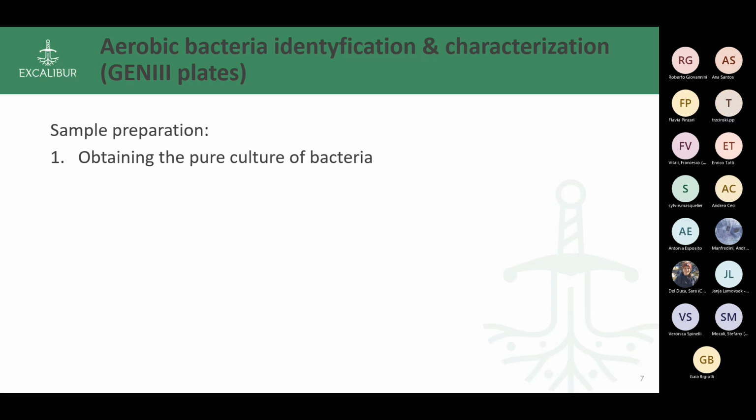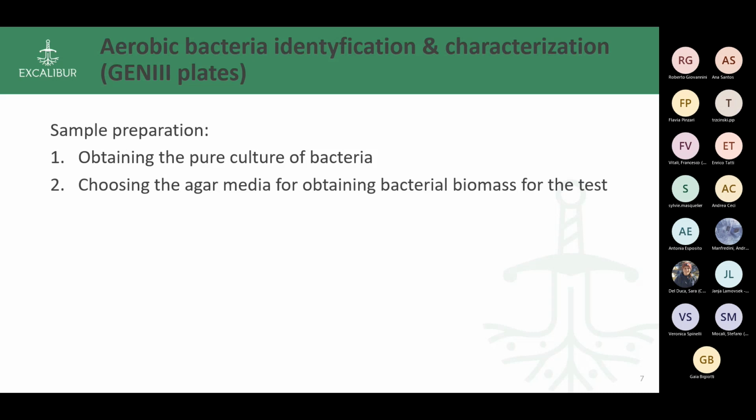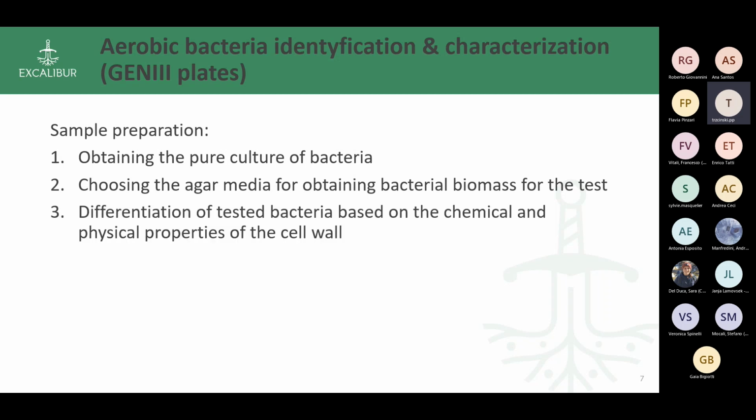This is a silly thing, but it is very, very important, because sometimes we will obtain some strange results because we use a mixed inoculum. Then we have to choose the proper agar media to obtain biomass for the test. This is the next very important thing, and I will show you why in the next slides.